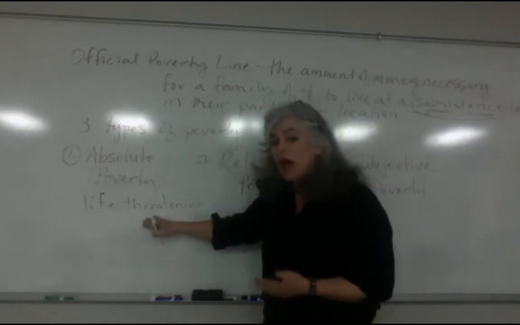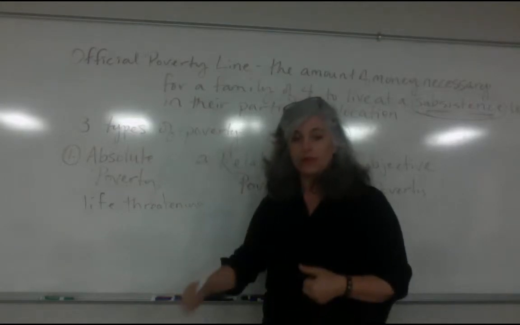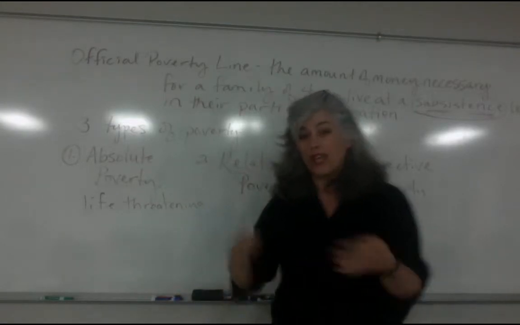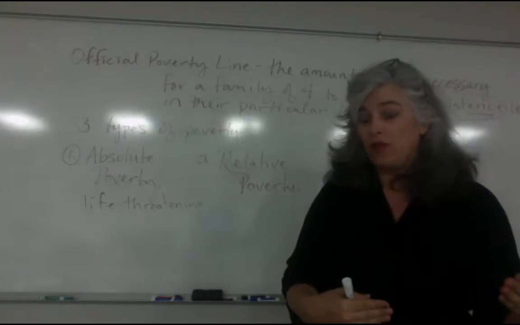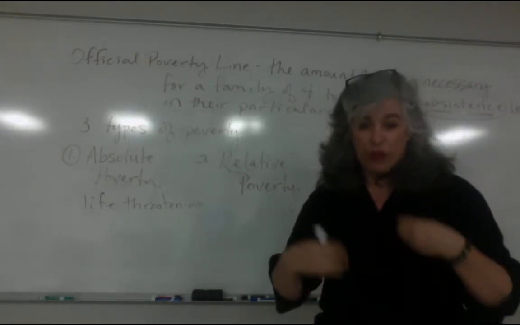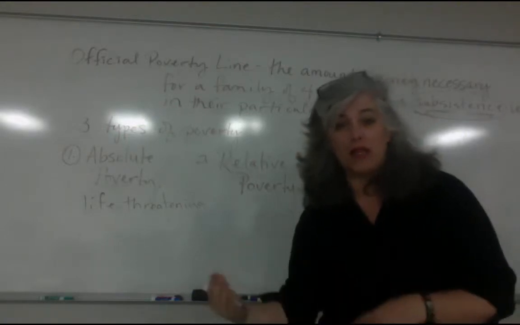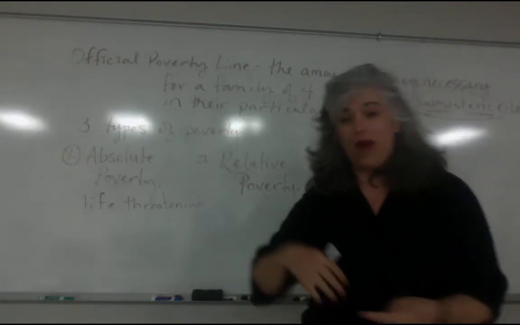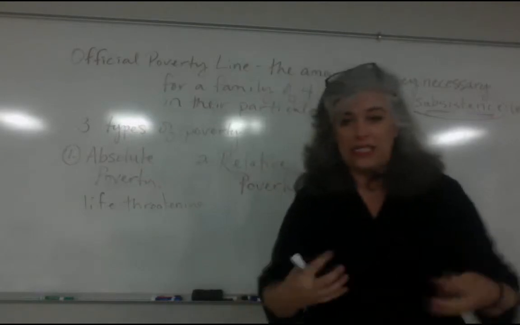So if you do not have appropriate shelter that can protect you from the elements so that you survive, if you don't have appropriate food supply that can give you enough nutrients so that you can keep a baby alive, or so you can keep yourself alive, or you have a good enough immune system to fight diseases naturally.